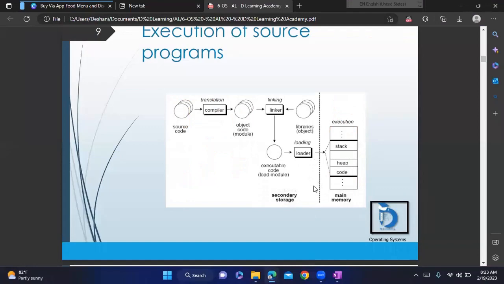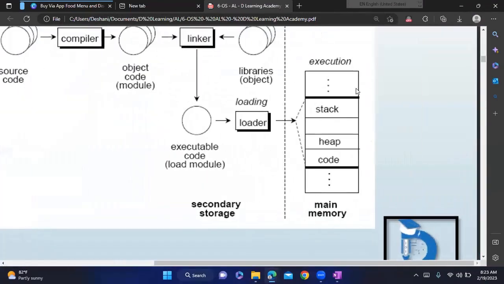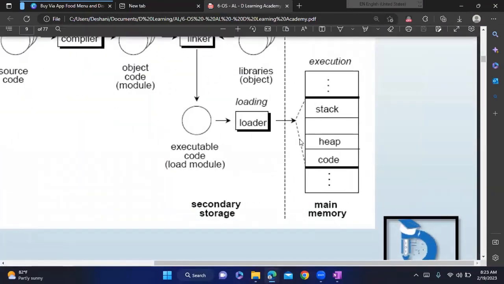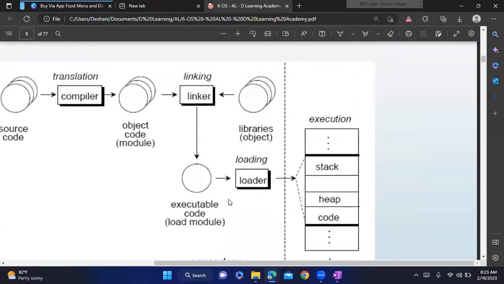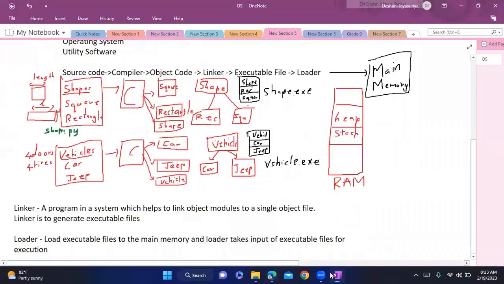So when it comes to this one, the execution part is a separate thing from the loader. We have to add that line. Because you will be asked a lot of questions on what is linker, loader when it comes to operating system MCQs.